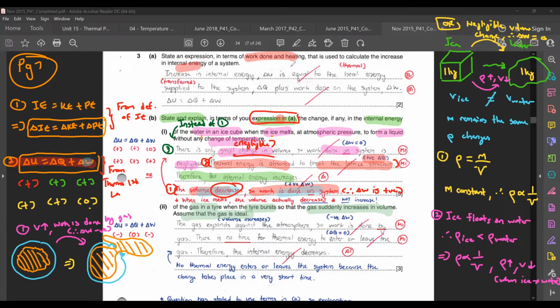Then another thing here is the keyword that your question mentioned. The question mentioned that when the tire bursts, the gas suddenly increases in volume. So what you're supposed to deduce from here is that this one is too sudden for any... maybe I should use a different color.